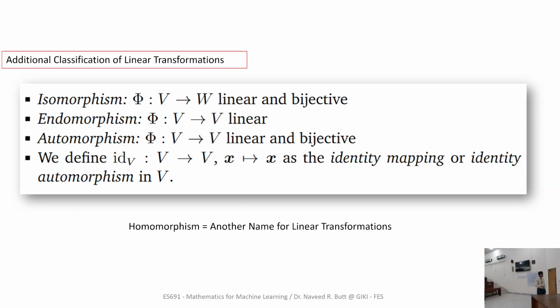Endo was from the vector space to itself, not necessarily invertible. And its invertible version is automorphism. So basically you can say that isomorphism is the desired version of homomorphism and automorphism is the desired version of endomorphism.